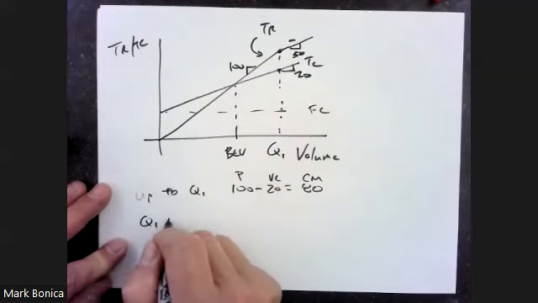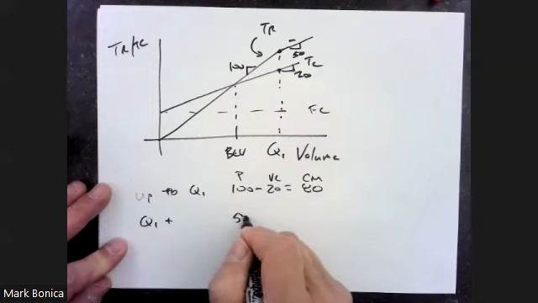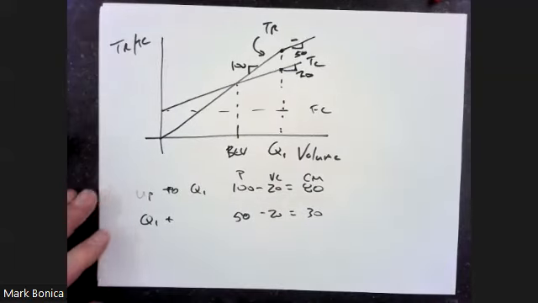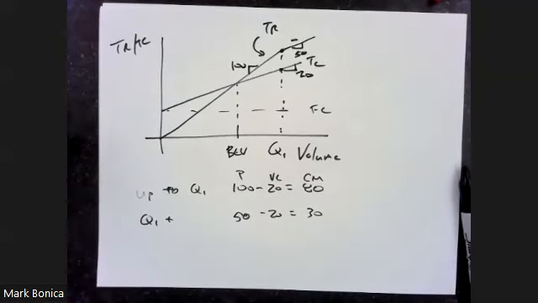So Q1 plus, I'm going to have 50 minus 20, 30 contribution margin. So as long as I have a positive contribution margin and I've already passed my break even, I may as well take on the additional work because it's all profit. How low could I go?